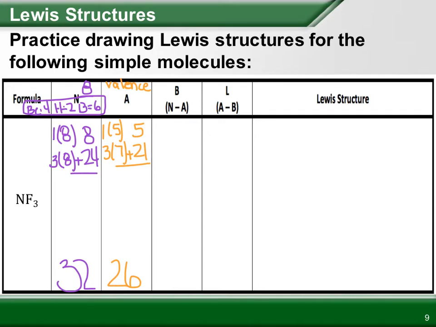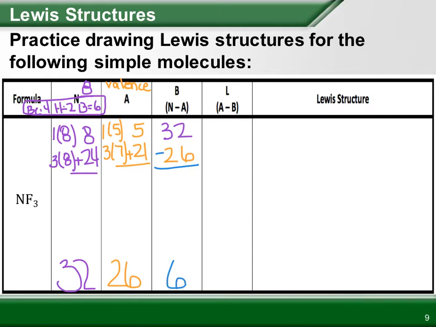When we are looking at B, these are our bonding electrons. This is N, which was 32. We already calculated it. Minus A, which was 26. We're going to subtract these two numbers, and we get a total of 6.